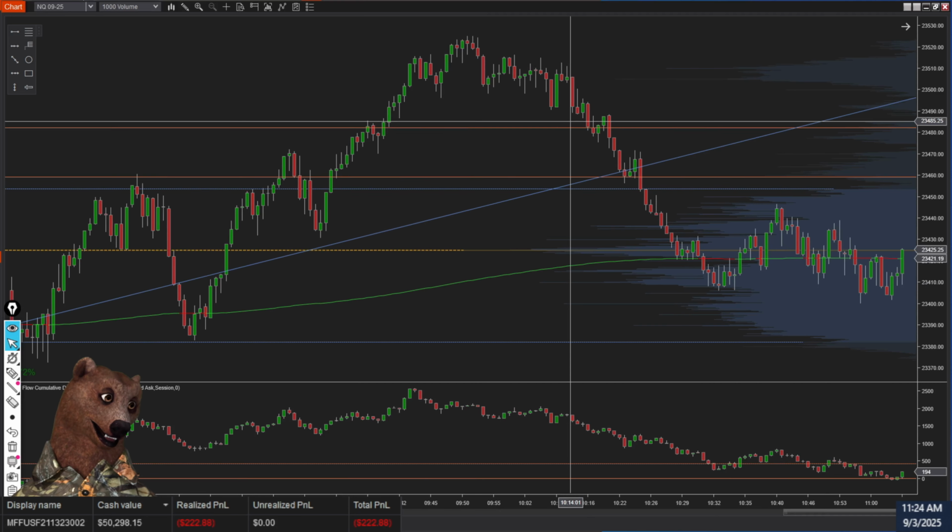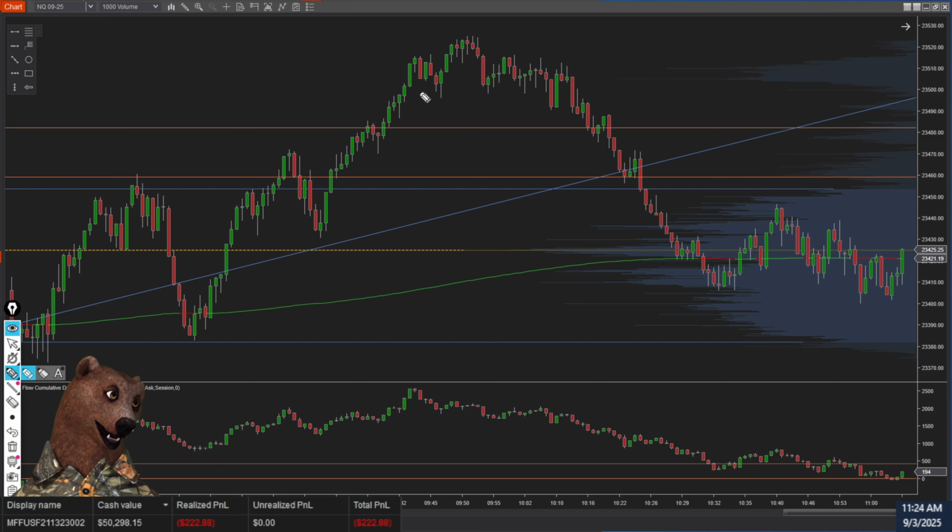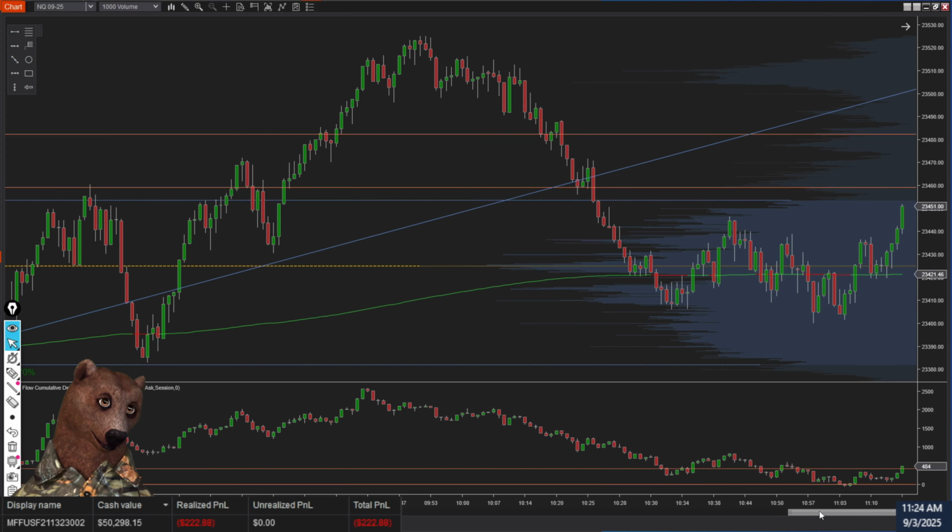And we can see here on the Delta divergence where we've got price moving up, putting in a new high, we actually have Delta putting in a new low at actually past an area of resistance. And if you were a good trader, you'd be able to take advantage of that back to the downside. And looking at that in hindsight, it's clearly a good trade to take.